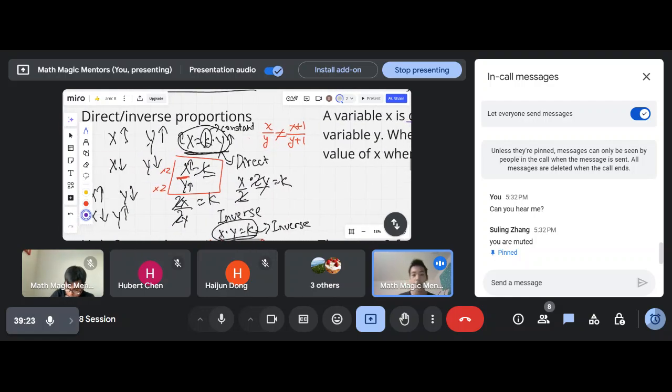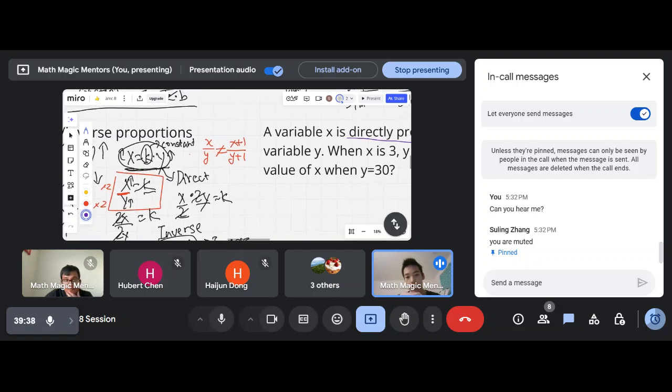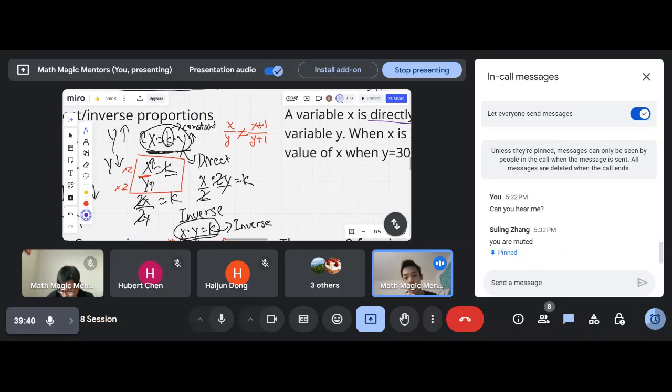direct and inverse proportions, we know that if x is directly proportional to y, then we can represent x as basically a scalar multiple of y. So what that means is that we can write the ratio of x to y as a constant.